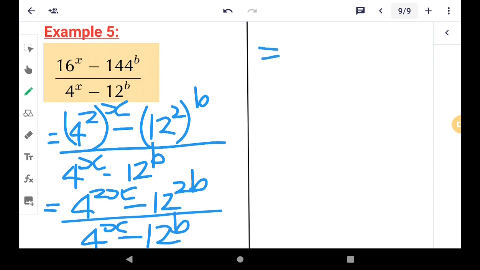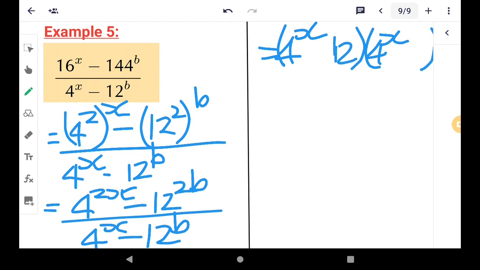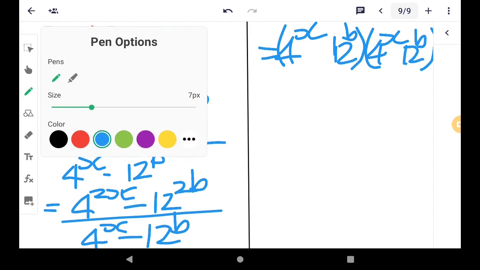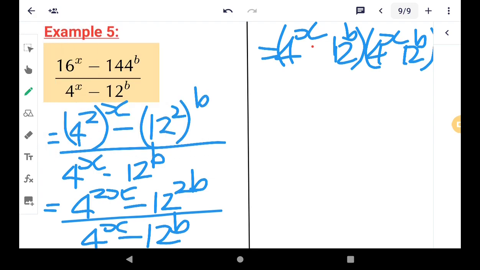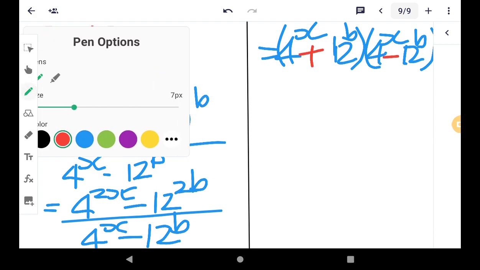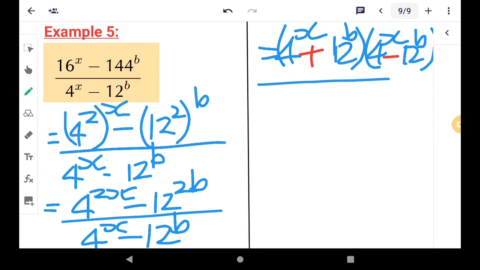And that is equal to, you factorize the difference of two squares. So that is 4 to the power of x in the first term of each bracket, and then 12 to the power of b in the second term of each bracket, and then you have your plus and your minus, all over 4 to the power of x minus 12 to the power of b.